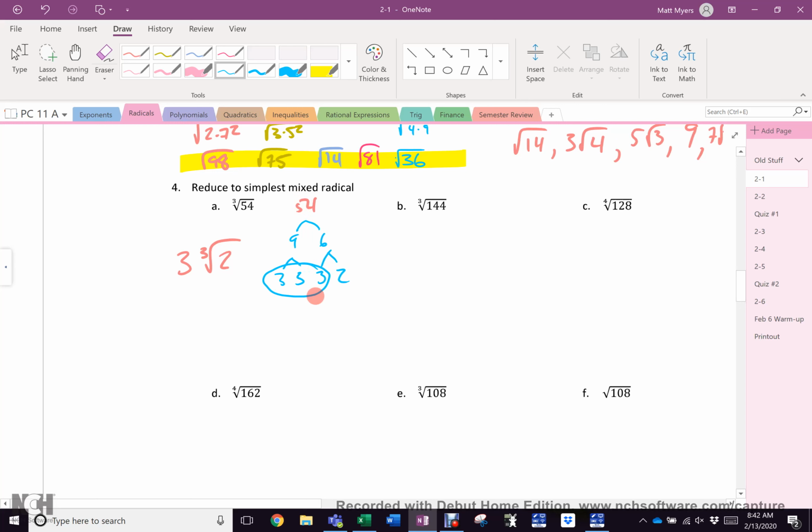Cool? Okay, go. What are we going to do with 144? Carry on. But it's cubed. It's not square, because I know somebody's already written 12 there. I want a cube root, not a square root.